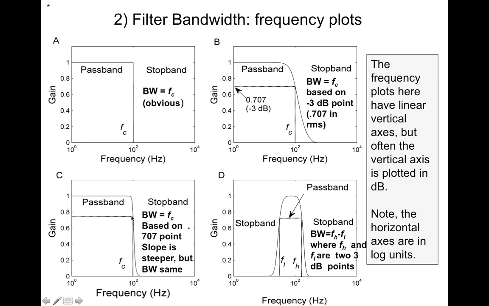Now, if you look at figure C and compare that with figure B, there's a little bit of an advantage to figure C, because let's suppose we're concerned with what are the frequency components present in a given band, say, of your breathing rate.